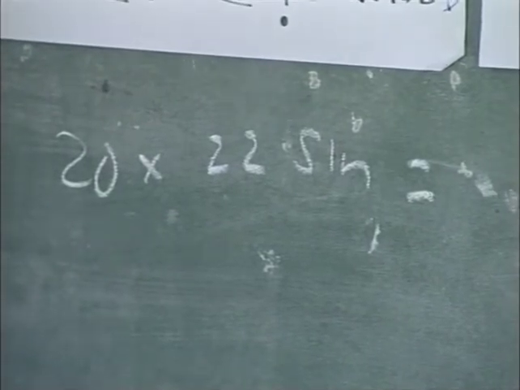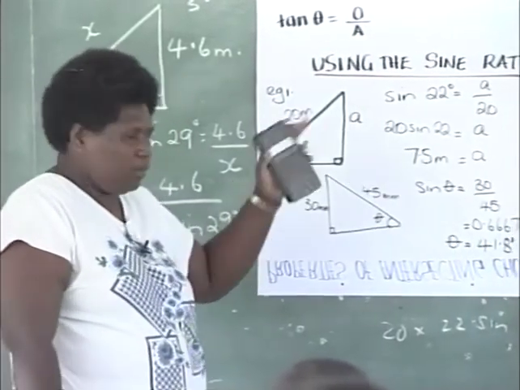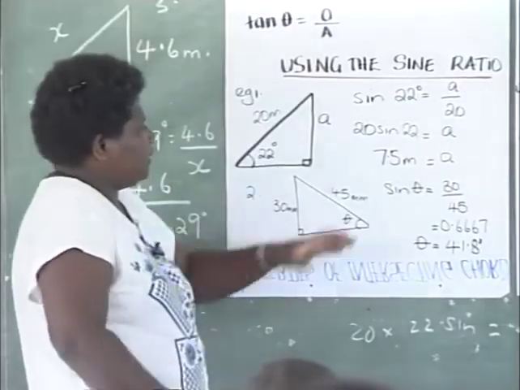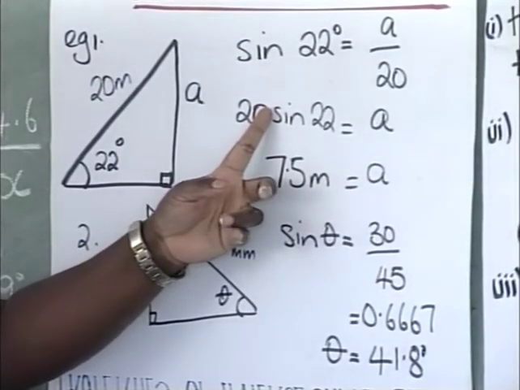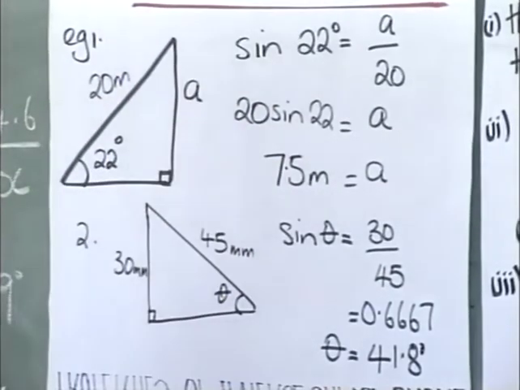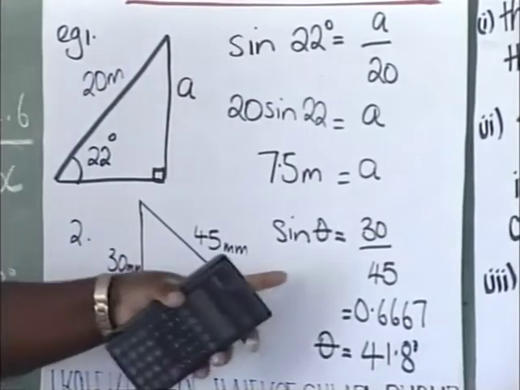But for this one, you do it just like the way it is on the board here. You get 20 multiplied by sine. Sorry, I should have said that we don't usually write the multiplication sign. So it's 20 multiplied by sine 22. Clear?